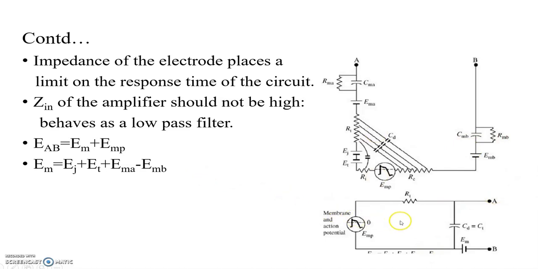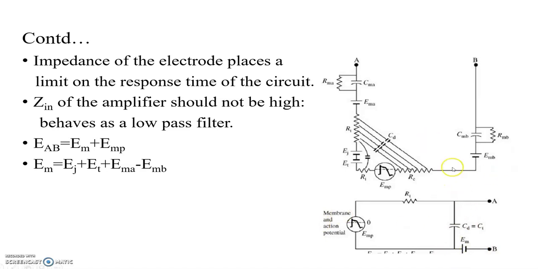Here the impedance of the electrode places a limit on the response time of the circuit. When the micropipette is coupled with an amplifier at terminal AB, the membrane potential EMP is coupled via a high resistance, the resistance RT, and the moderate shunt capacitance CD along with the electrode potential, so it behaves as a low pass filter when the input impedance of the amplifier is not high enough.